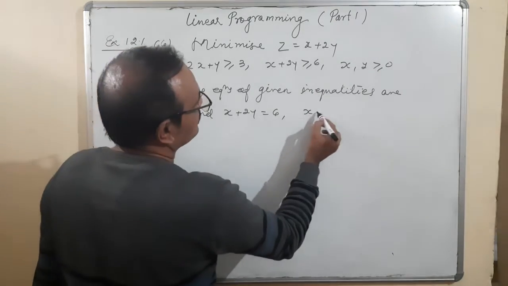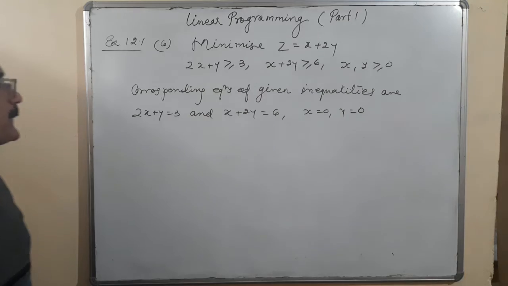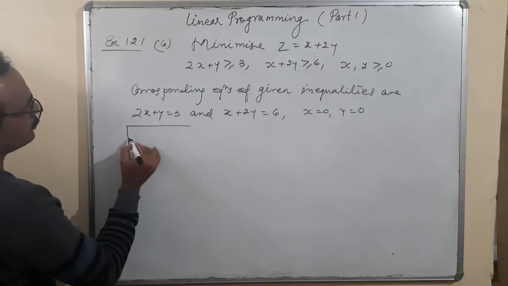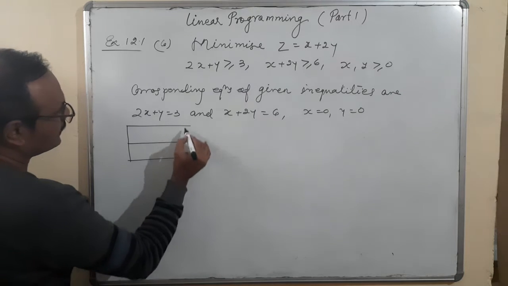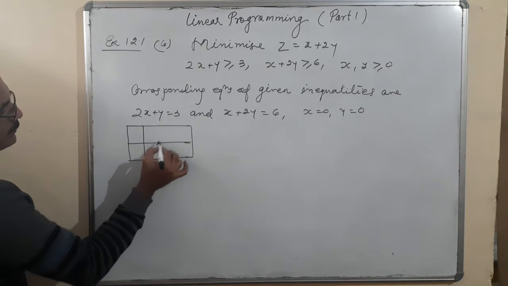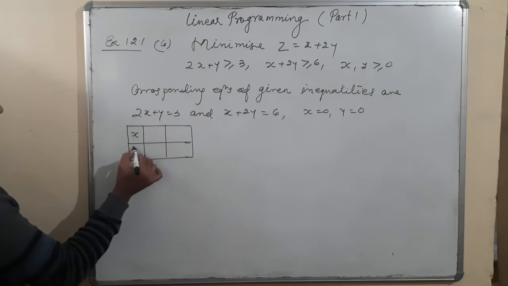And x is equal to 0, y is equal to 0. Here 2x plus y is equal to 3. For the solution you make a table. This is very necessary, so that in the solution you do not lose track of where you have got the value. So make a table for this, for the second also.